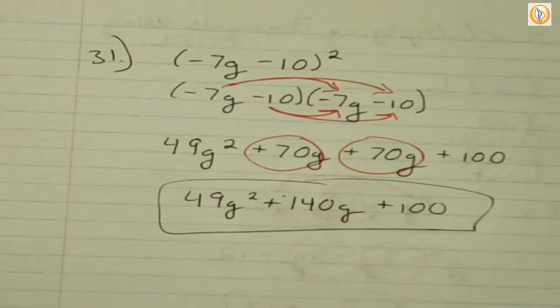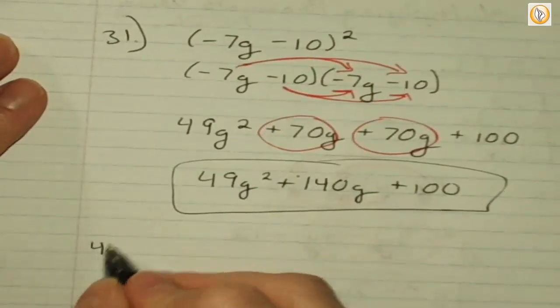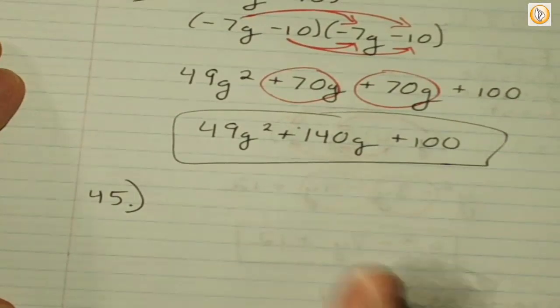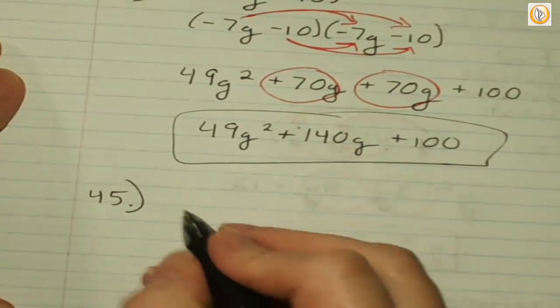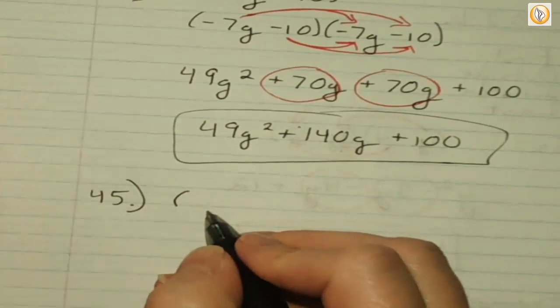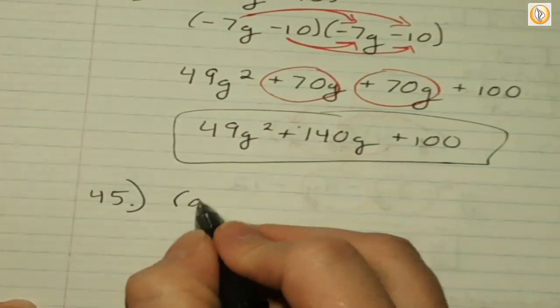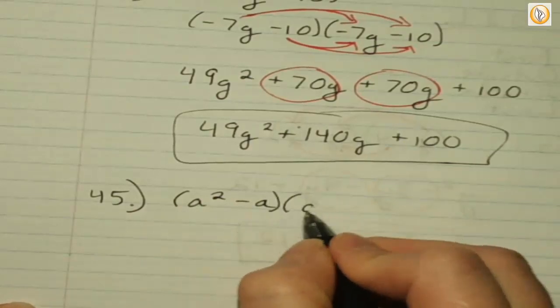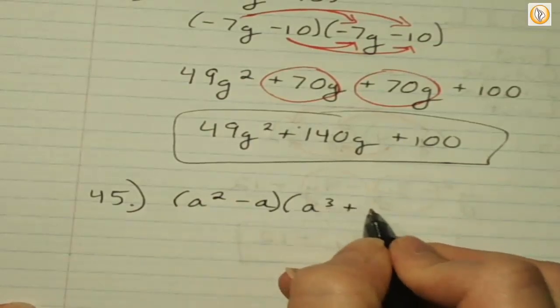I think I'm going to do one more. Let's look at 45. A squared minus a times a cubed plus 1.